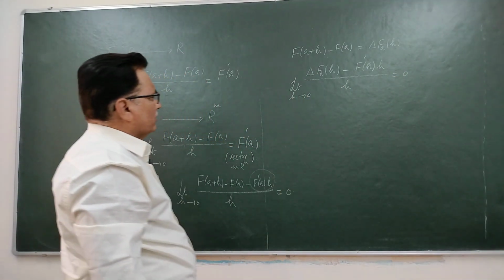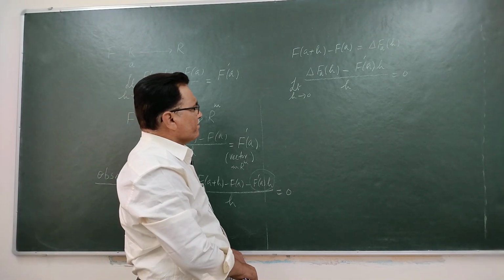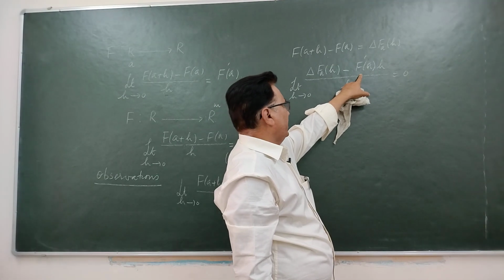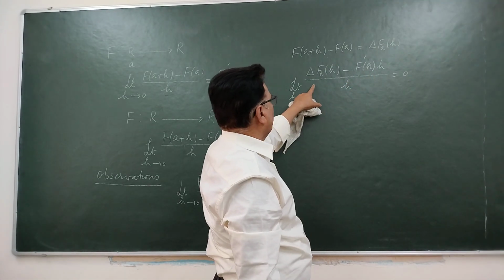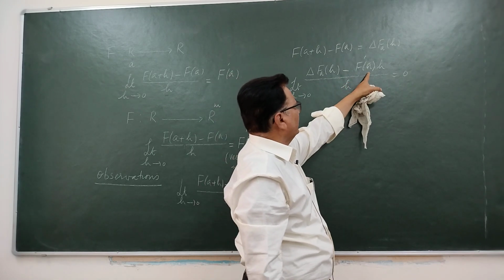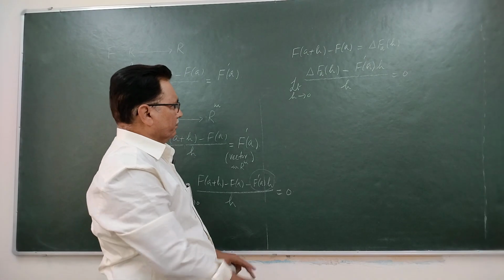So at this point I will say that a function is differentiable at the point a if there exists a linear map f'(a)h such that the difference between the non-linear change and the linear change goes to 0 faster than h.